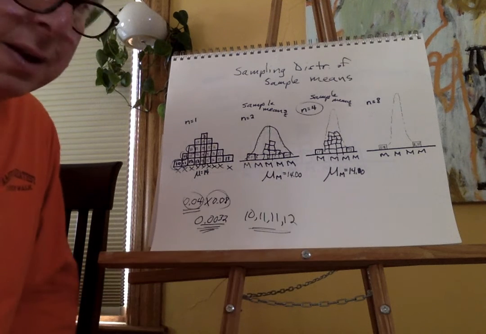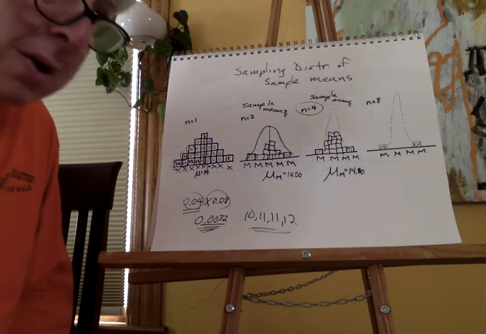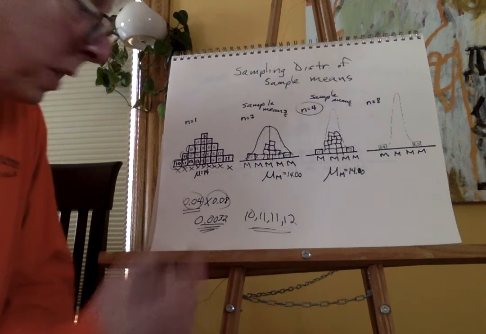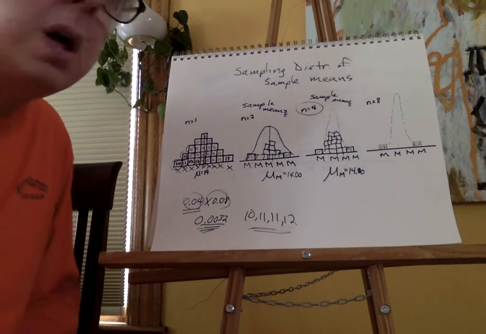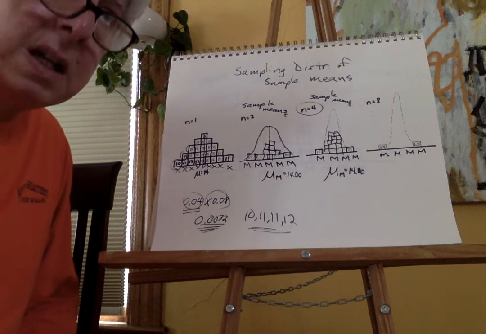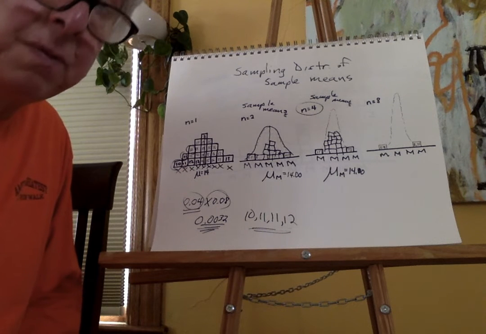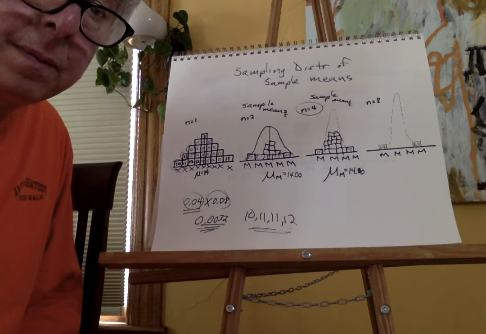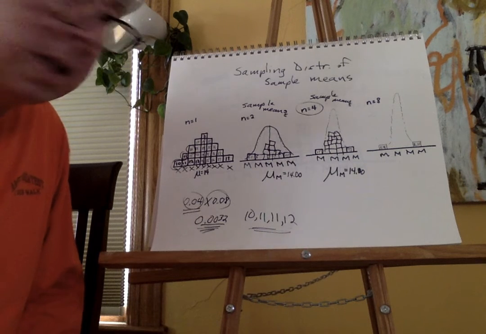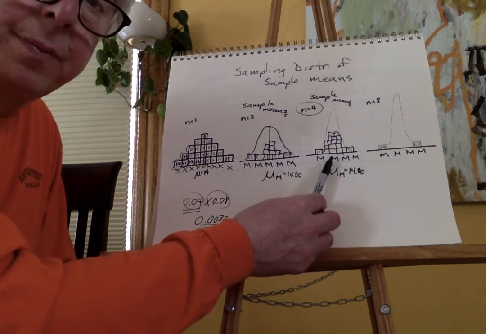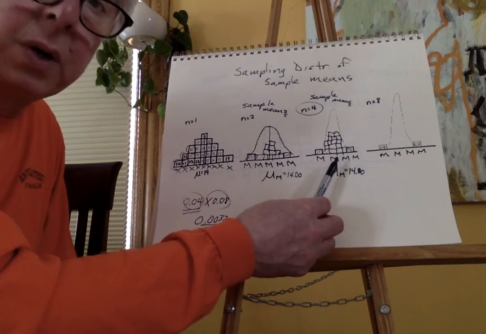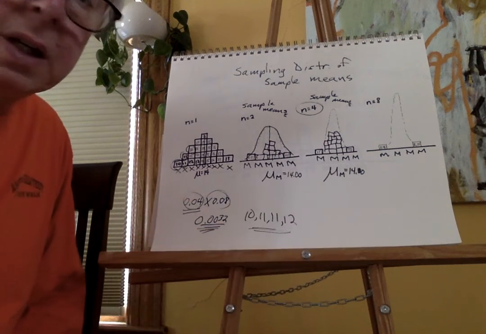Same thing here. They are not all going to be 14. We know that, okay? But the overall mean for all the sample means of 4, the overall mean of this distribution of samples of 4 is going to be 14.